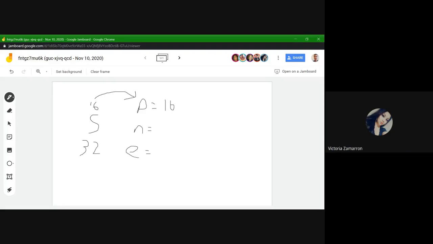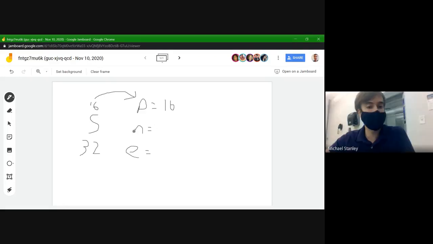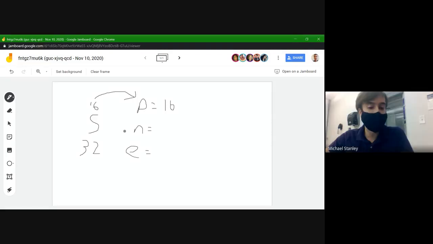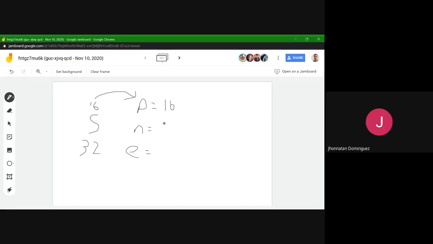32. Not quite. Remember, 16 is the atomic number, and 32 is the weight. But neutrons come from doing the weight minus something else. Weight minus the number.